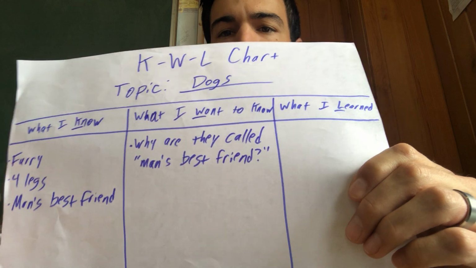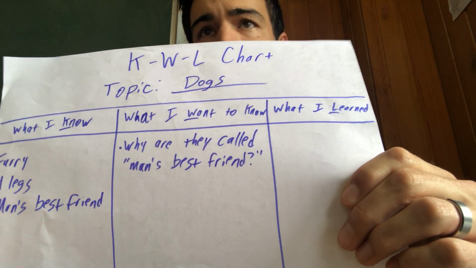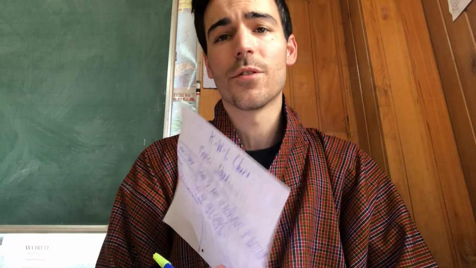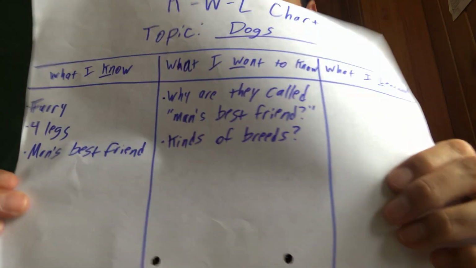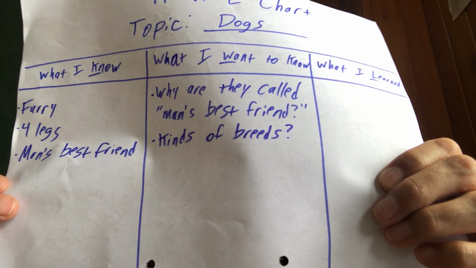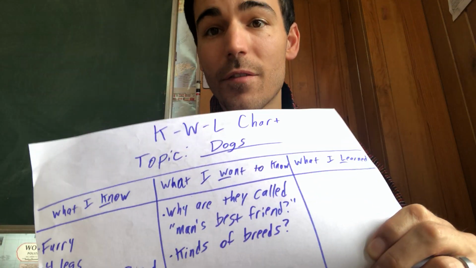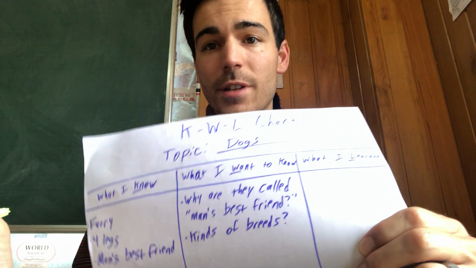So you can write this out as questions. If you can explain it in just a bullet point, that's also fine. Maybe you want to know like what kinds of breeds. What kinds of breeds are there? Maybe you'd want to know that. So you'll just make a list like that with as many things as you can think of that you would like to learn about your topic.